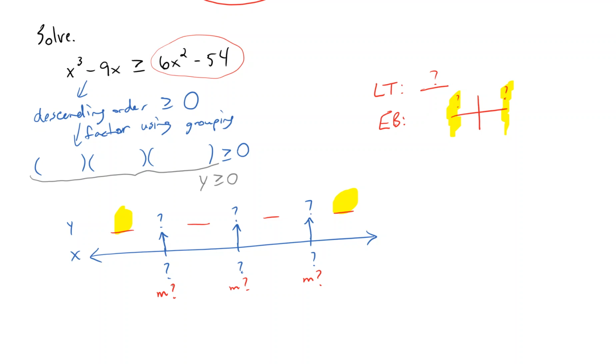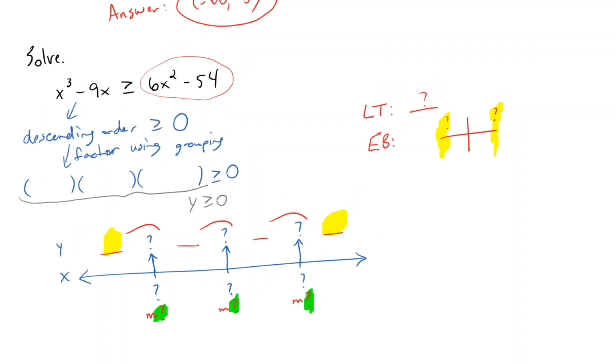Then, using your multiplicities, determine if the signs here across each 0 are same or different, and then fill in. So you've got your end signs. Use your multiplicities to get your middle signs.